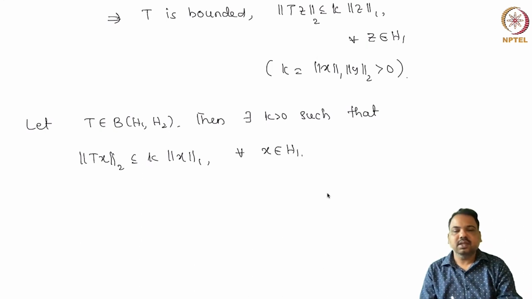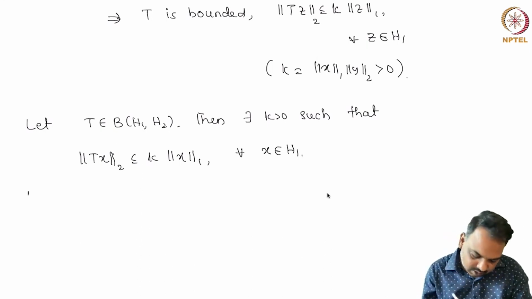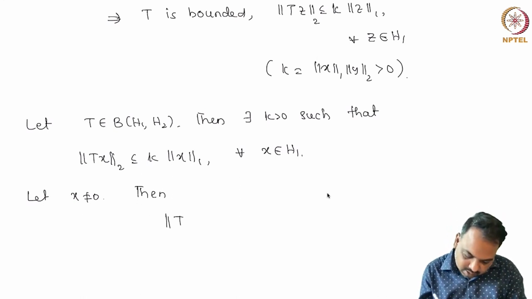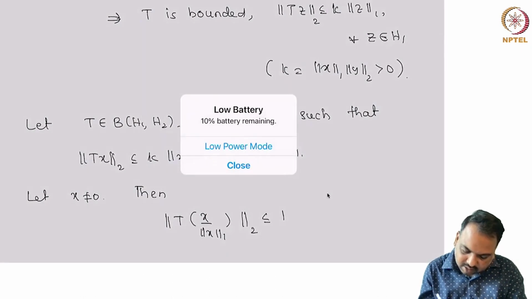Now let us take x non-zero, then the norm of x is non-zero. We can divide this inequality by the norm of x on both sides, then we get the norm of T(x) divided by the norm of x is less than or equal to k.